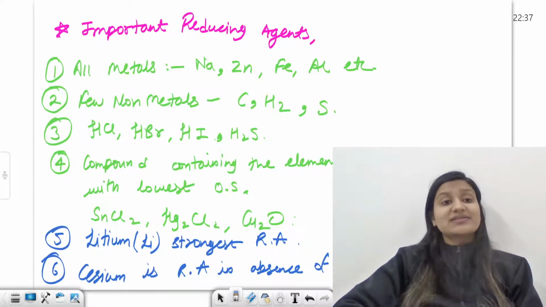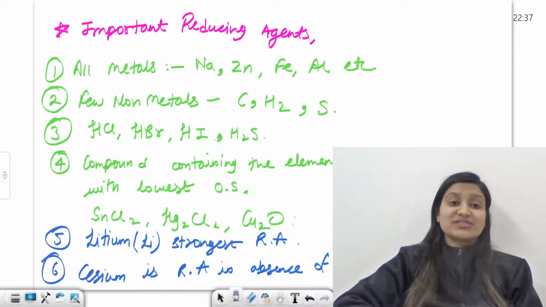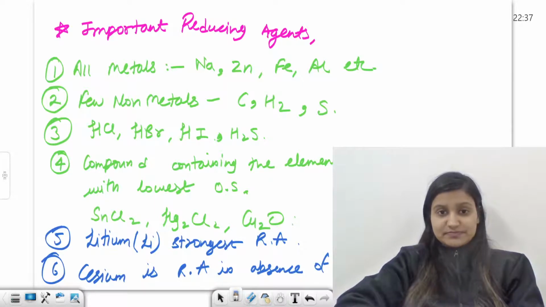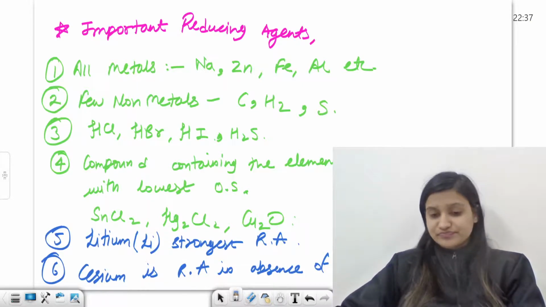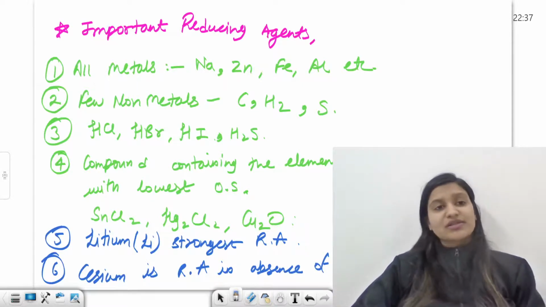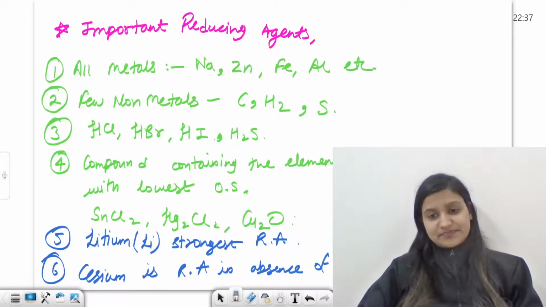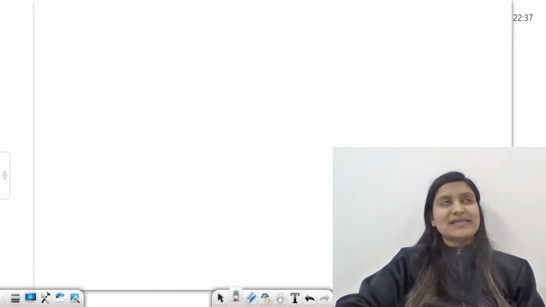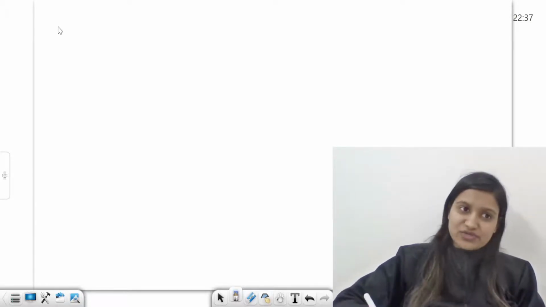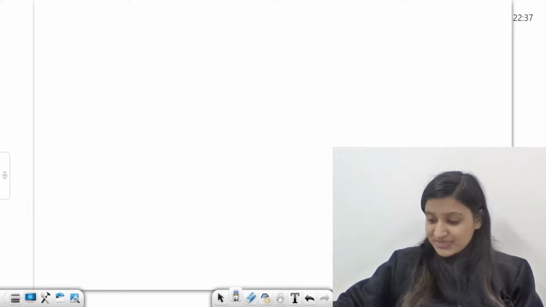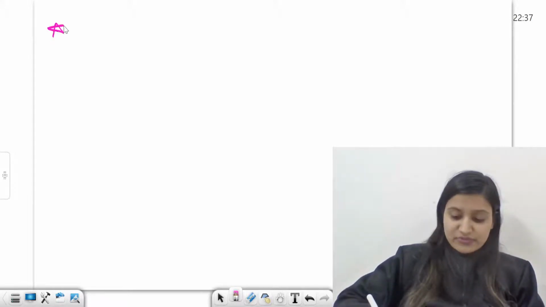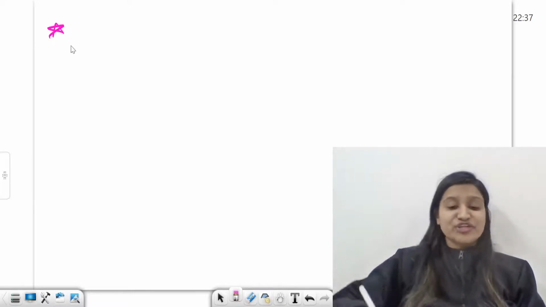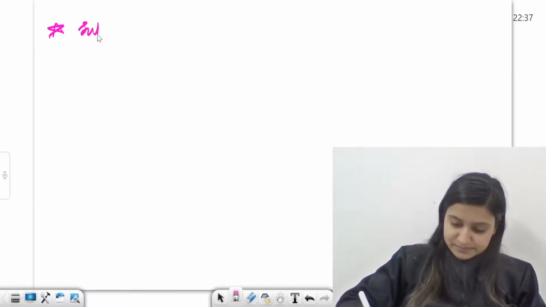So these are the most important oxidizing agents and most important reducing agents. Now, what are the tips if you want to get to know them? Before that, I want to tell you some substances which may behave as oxidizing agents and reducing agents as well.